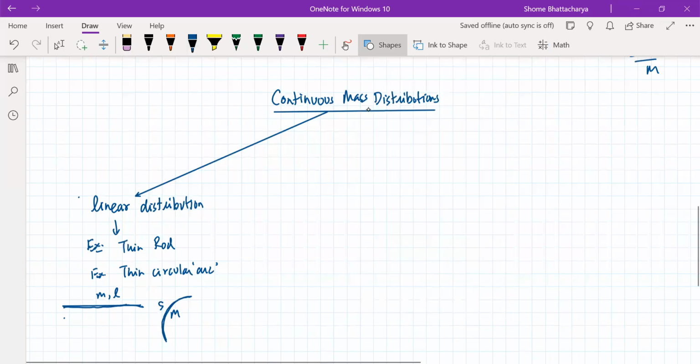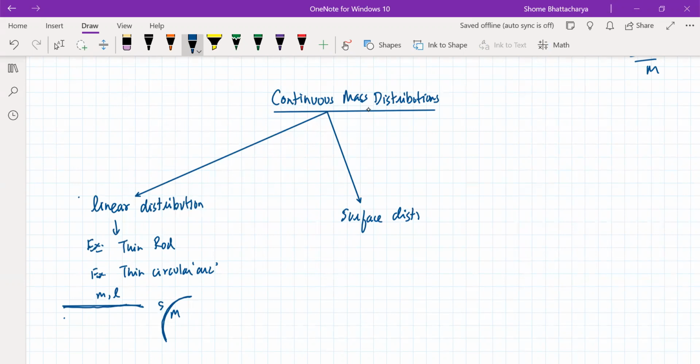The second category we'll see is surface distributions, where mass is distributed over a surface. So an example is any thin plate.